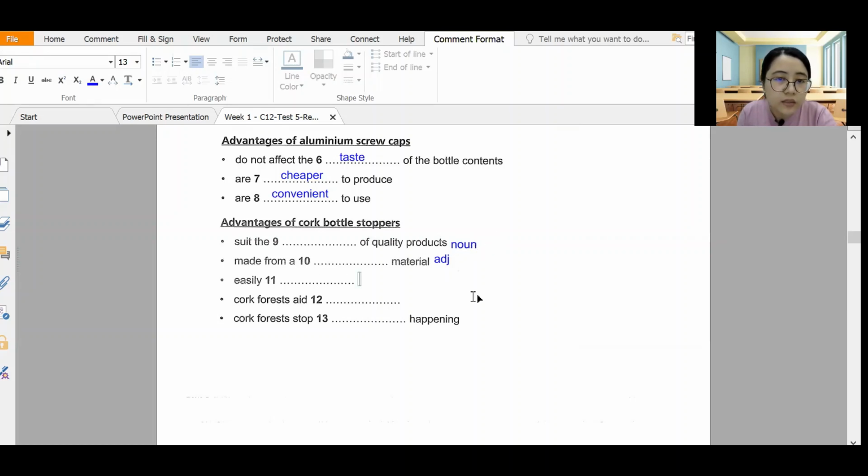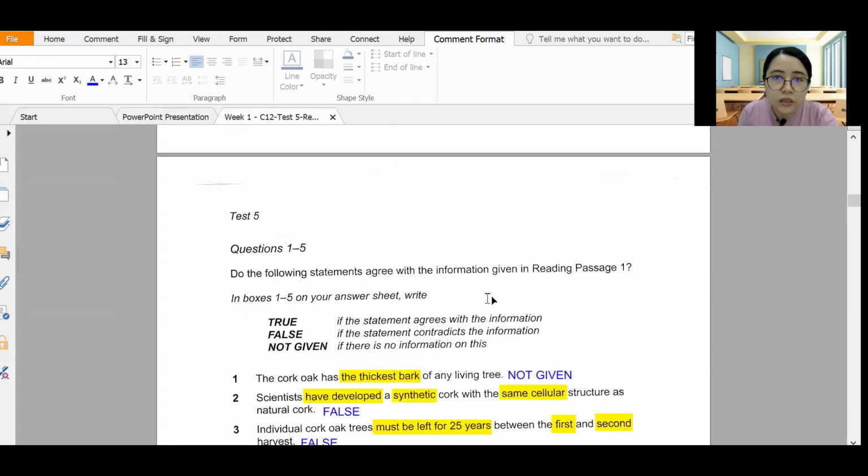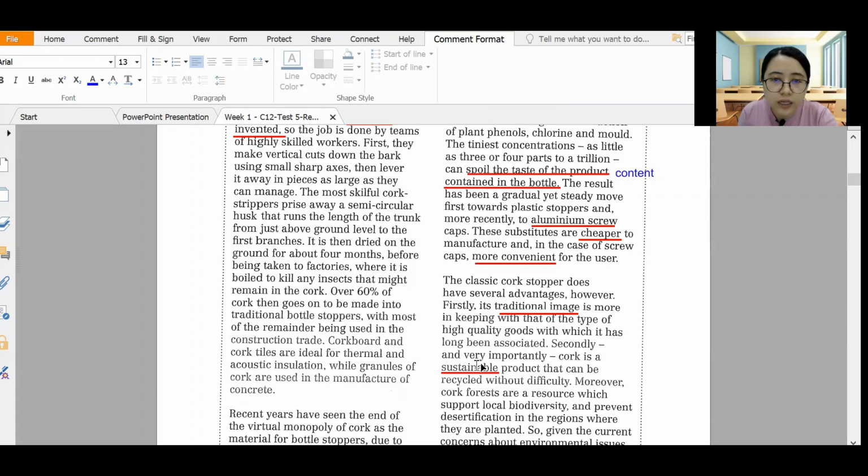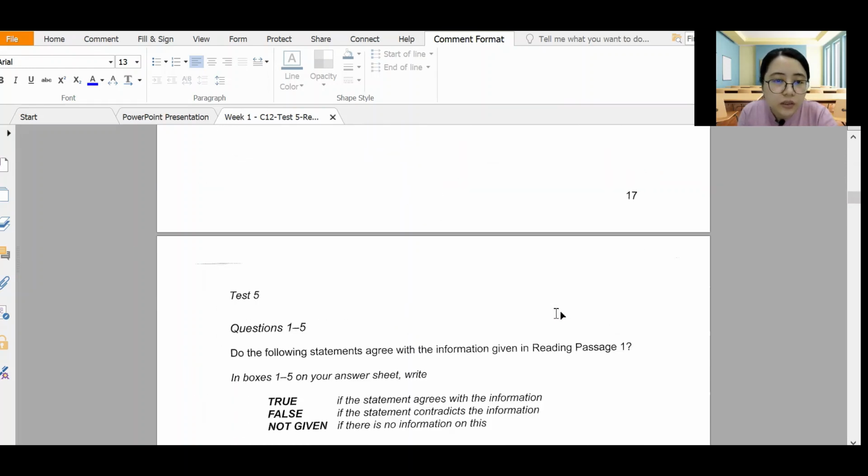So I think it could be a verb or an adjective. And so I think number 10 is going to be the word sustainable here. And if 10 is here, so 9 must be above. So the most suitable word is image.